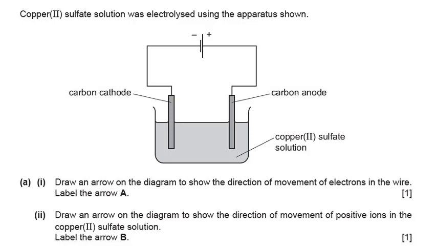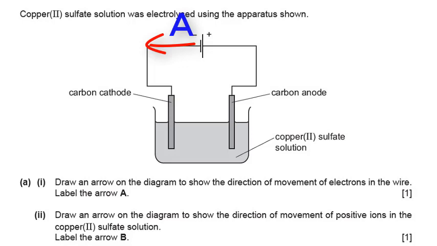So let's start with question I. It says, draw an arrow on the diagram to show the direction of movement of electrons in the wire. Label the arrow A. As we told you before, the electrons in the wires start flowing from the negative terminal to the cathode. So the direction of electrons in the wire will be anti-clockwise.